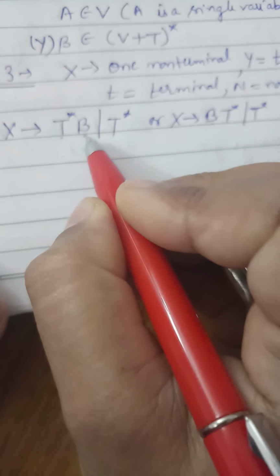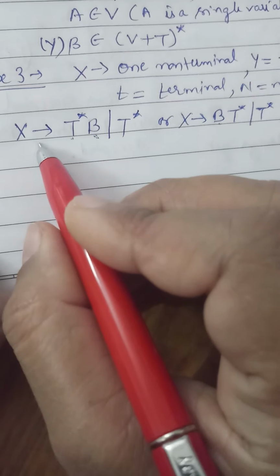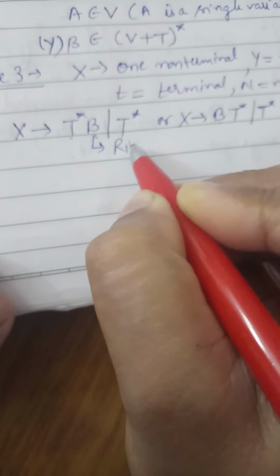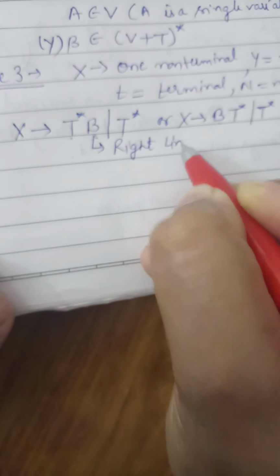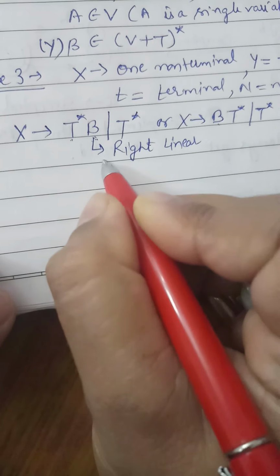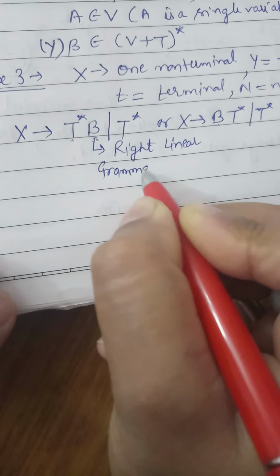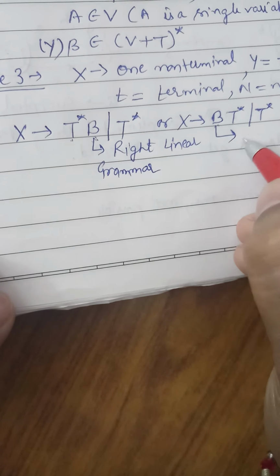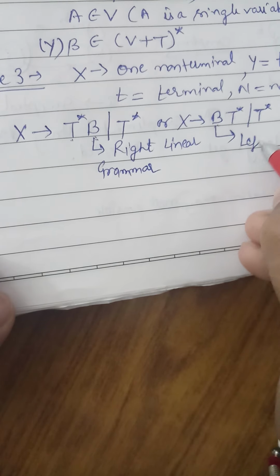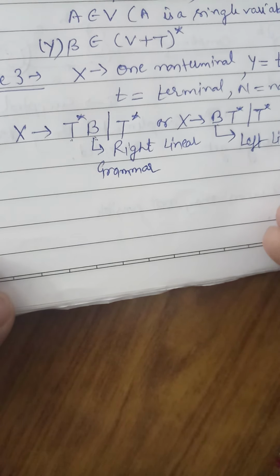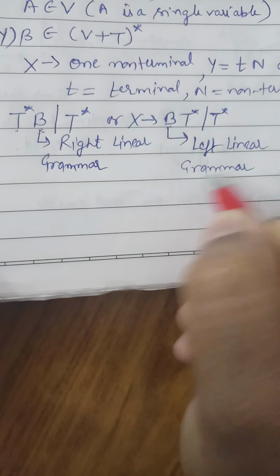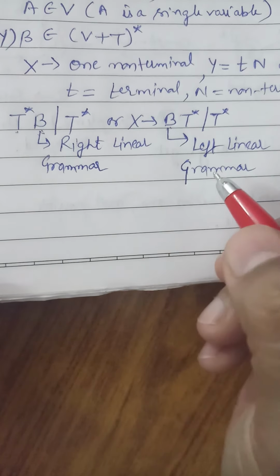Because here the variable is on the right hand side, that's why it is called right linear grammar, and here the variable is on the left hand side, that's why it is called left linear grammar.